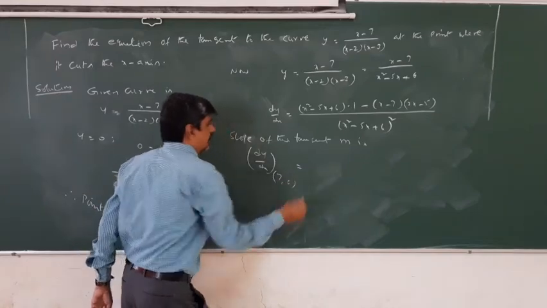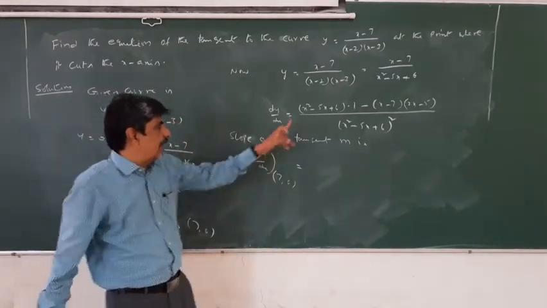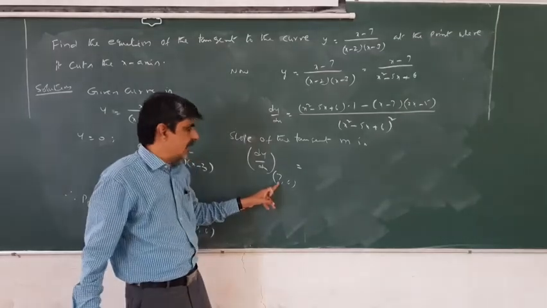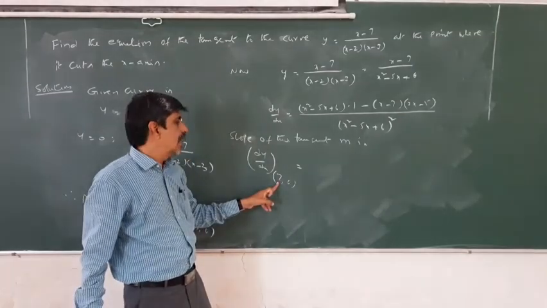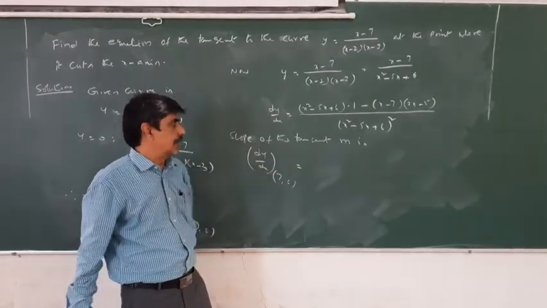In dy/dx, wherever x is there, write x = 7 and y = 0.